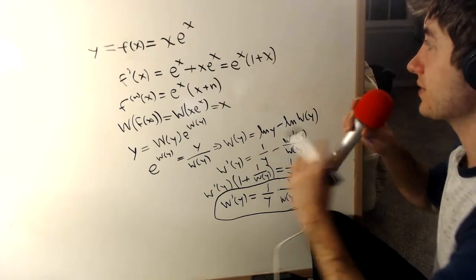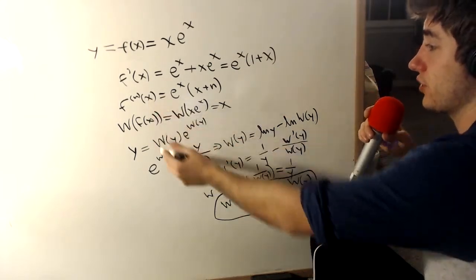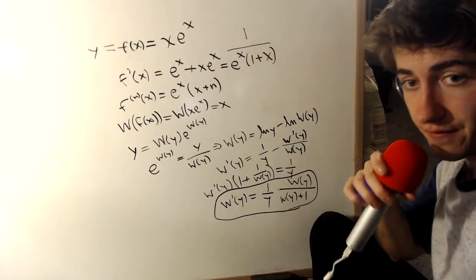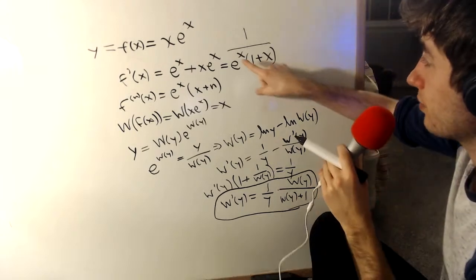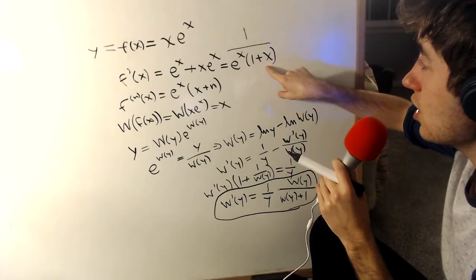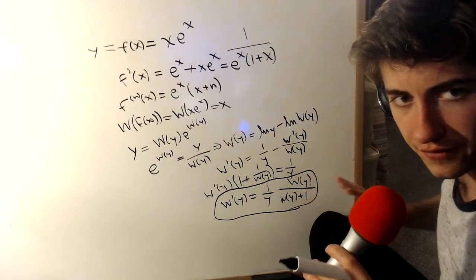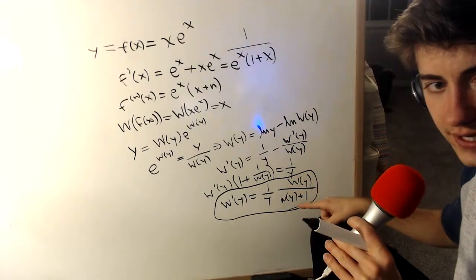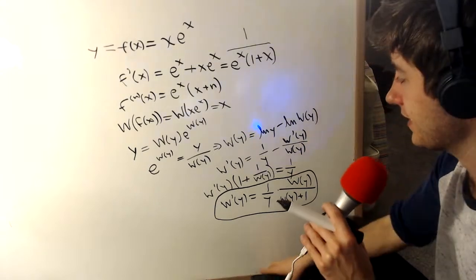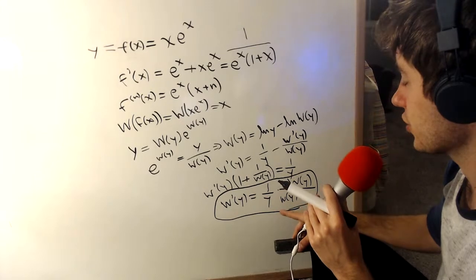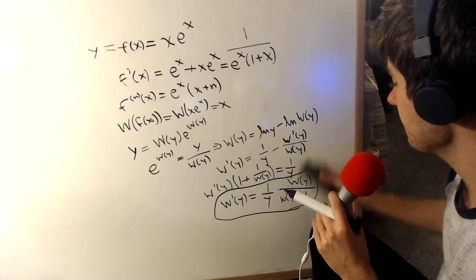So all you have to do is plug in the inverse function w into the reciprocal of the derivative of the original function. So if we just replace these x's with w of x, or replace the x's with w of y, whichever variable you want, we would get this result down here. So they're the same thing, and you will get that answer. So we know the derivative of the w function now. So that's interesting. That's useful.